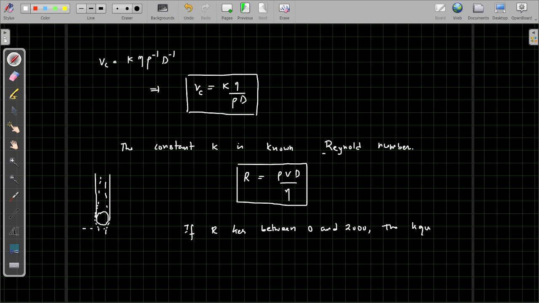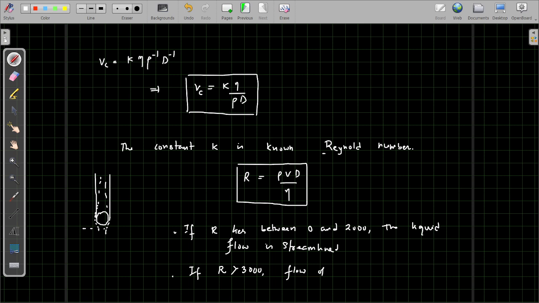It is a streamlined flow. And if R is greater than 3000, the flow of liquid is turbulent.